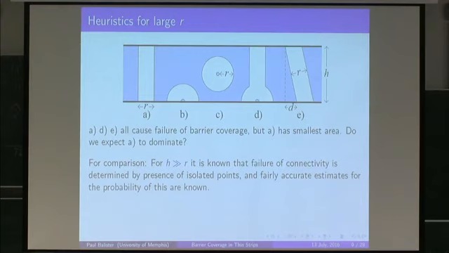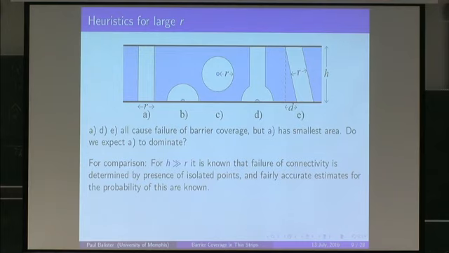Other things can go wrong, but they're much, much less likely. You're much less likely to see a component of size 2 than you are a component of size 1. If it's going to be disconnected, typically isolated vertices are the thing to look for. These are simple. One can estimate their probabilities. Okay, you have to do a lot of work to make sure that's correct, but at least you know sort of what the obstacle is.